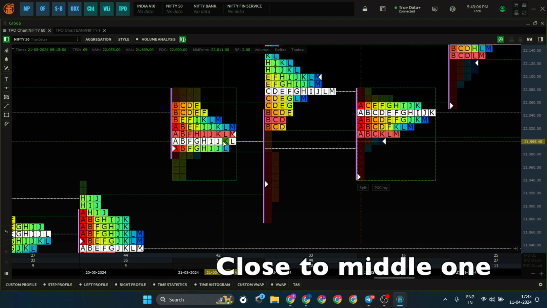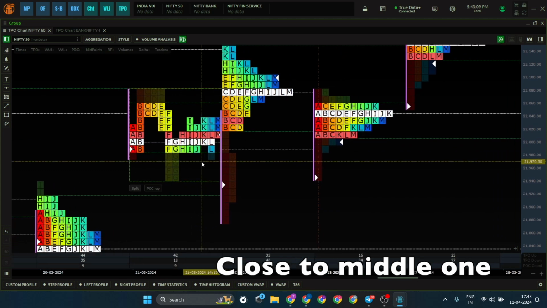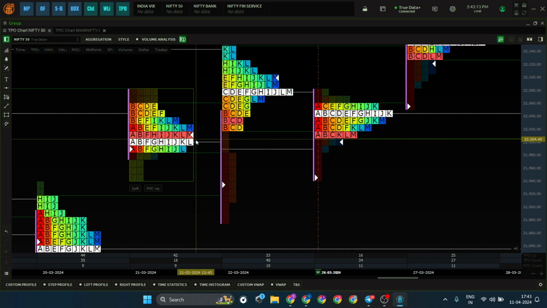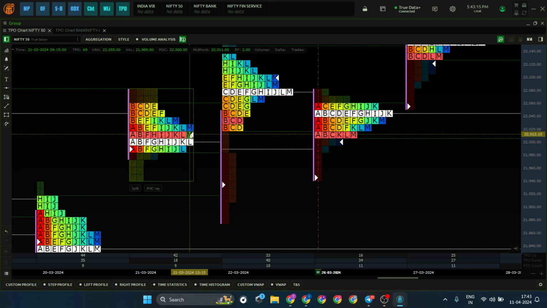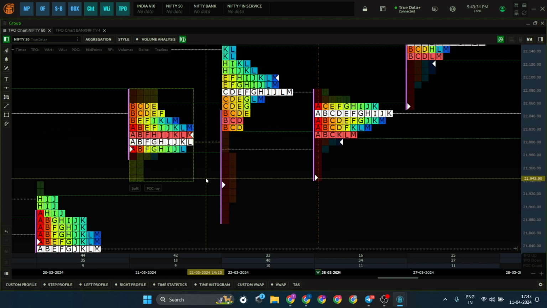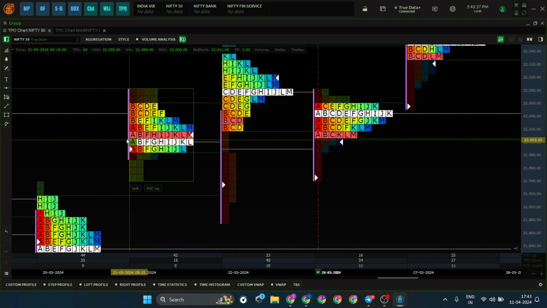If I split this screen, you see in this case we have these two as M periods, right? In the other case also, we have M periods here, that can also be a reason. But as I said, especially the middle point of the profile, near the middle, we consider as POC.